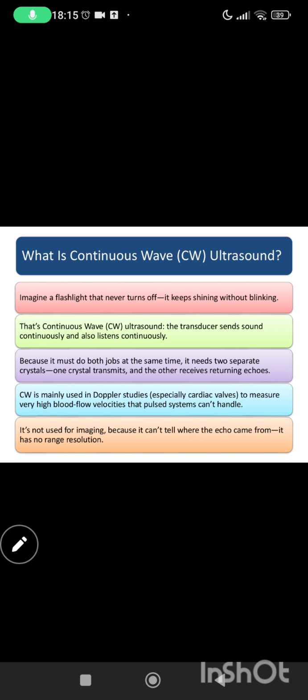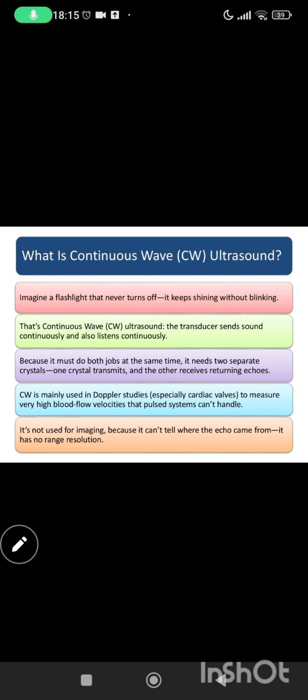To reduce aliasing, do we increase the depth or reduce the depth? Yes, we have to reduce the depth. Okay, good.